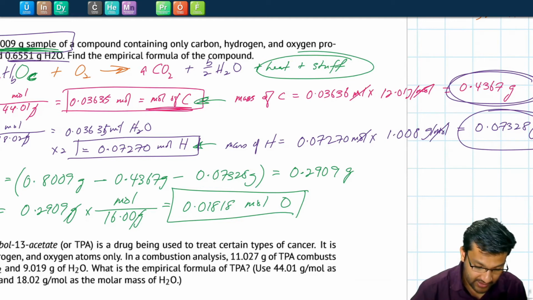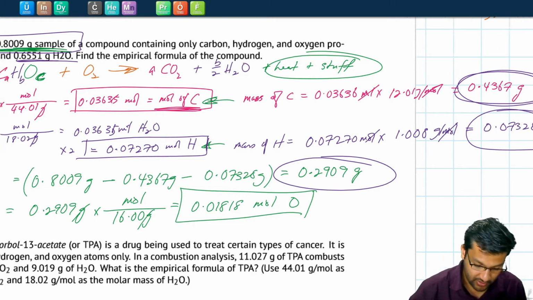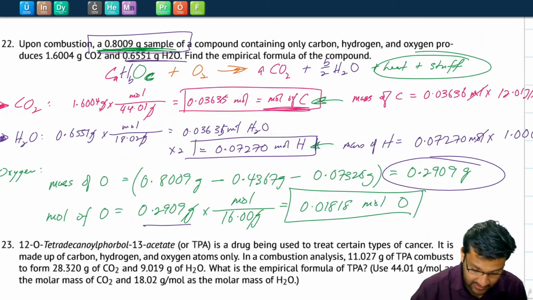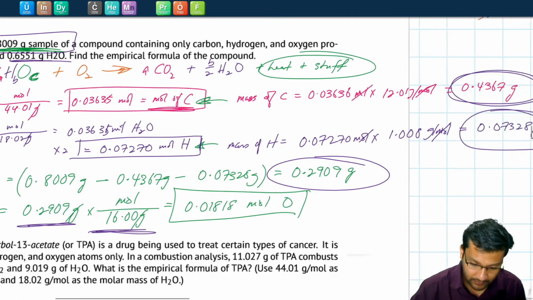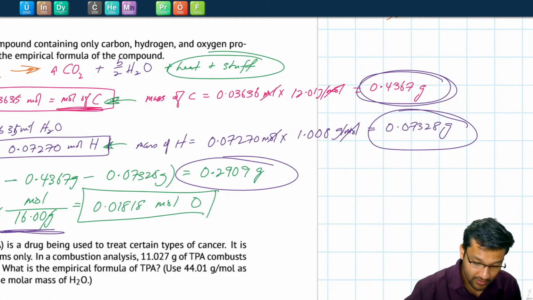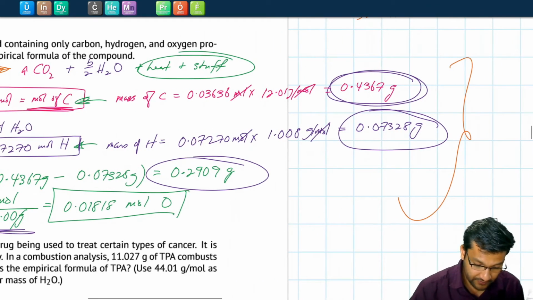Subtract those masses from the total to get the remainder, and the remainder will be the mass of the third element. In this case, the third element was oxygen. And once we have the mass, we know the molar mass of the element, oxygen, we can get the number of moles of oxygen.